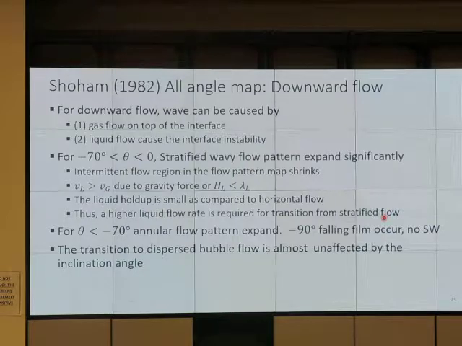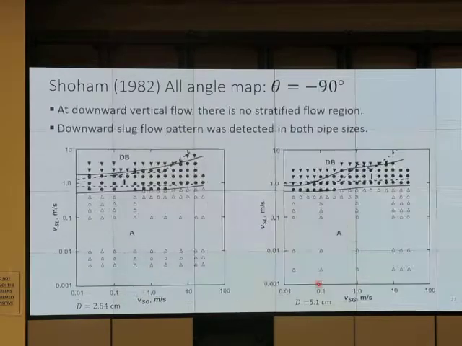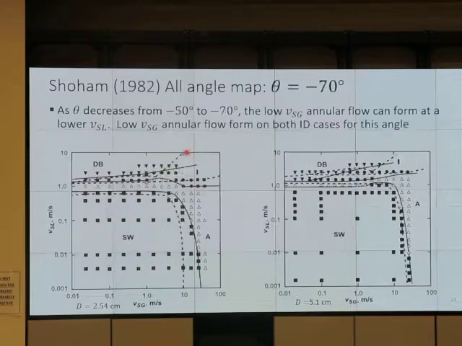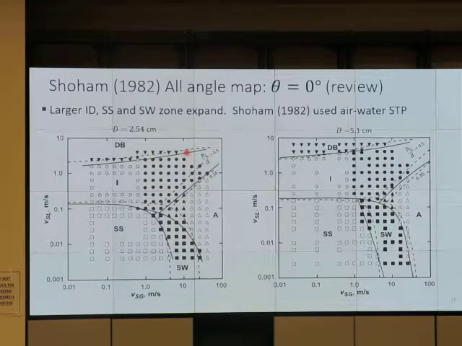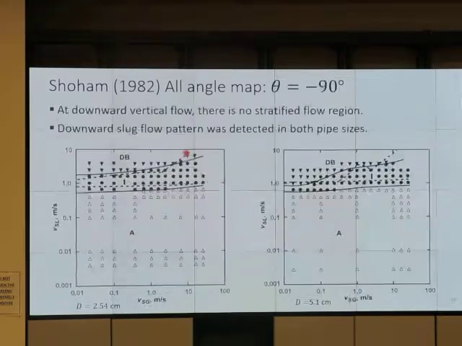So stratified flow becomes very stable. Less than -70, the annular flow pattern expands. At -90, we have falling film, no stratified wavy. Transition to dispersed bubble flow is almost unaffected by inclination angle. Look at this, transition F and G stay almost the same every time.